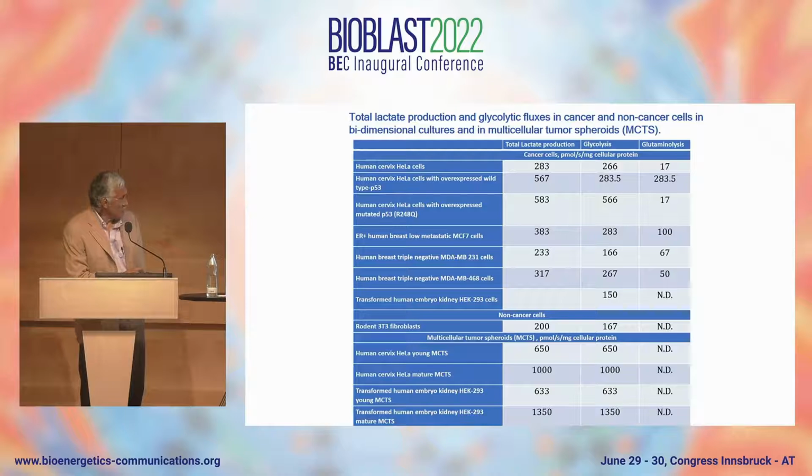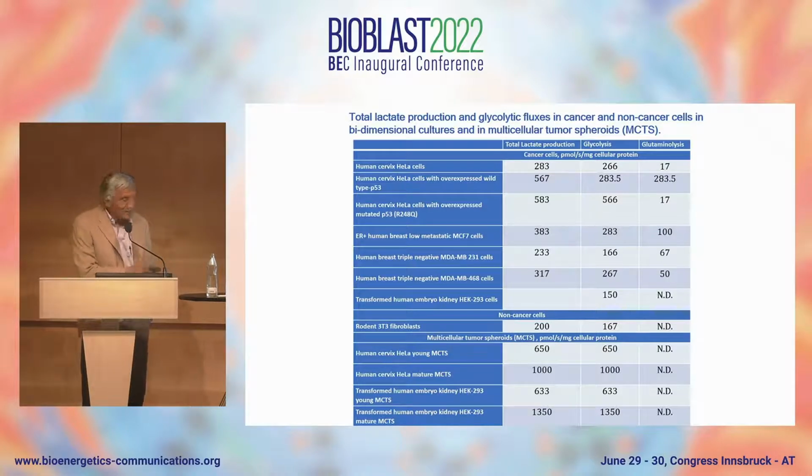As comparison, or for control experiments, we use this fibroblast as control. And then I'm going to show you some data with this tridimensional model. These other ones are bidimensional models, traditional models in Petri dishes. You culture the cells and you measure things. But the closest model to a solid tumor is a tridimensional model, what we call microspheroids.